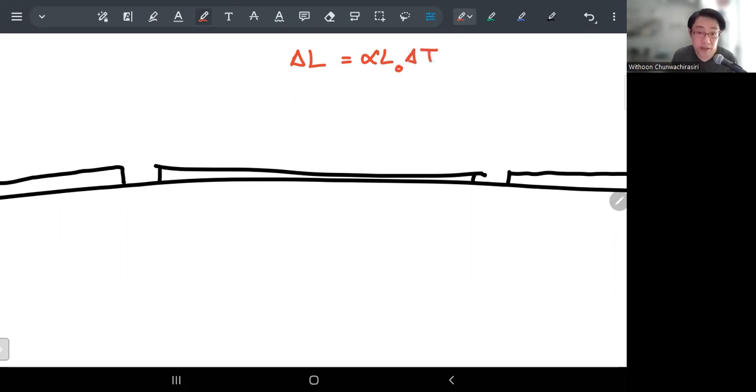However, because of the freestanding setup, it's fair to assume that the expansion will go on both sides. You guys agree with this? So on average, it's going to expand on each side by half of the delta L, because the overall increase in length is delta L. However, because you put these blocks next to neighboring blocks, the next block will expand by an equal amount, so you also get another half of delta L from the next block.